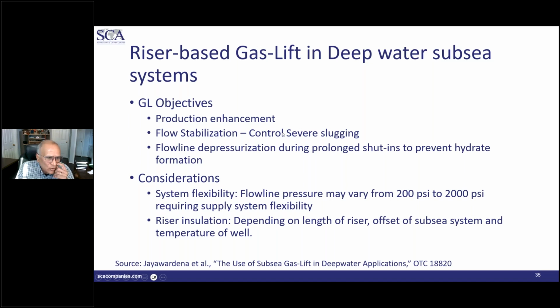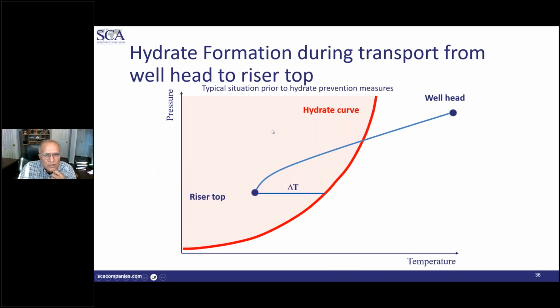And why I'm bringing up all of this is that when you go into deep water gas lift, you have to not only pay attention to the traditional gas lift related hydraulics, but also to other issues, flow assurance issues, particularly when you are depressurizing.